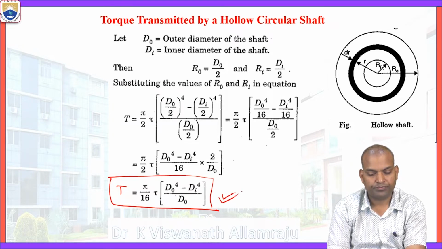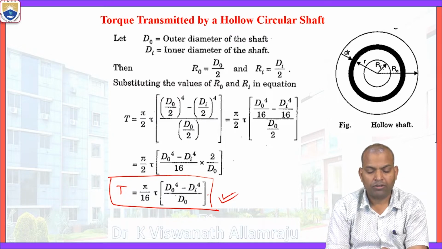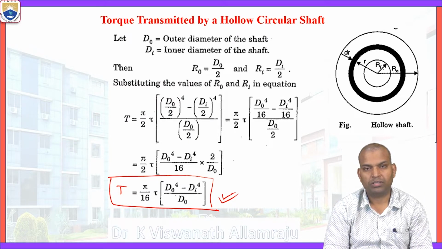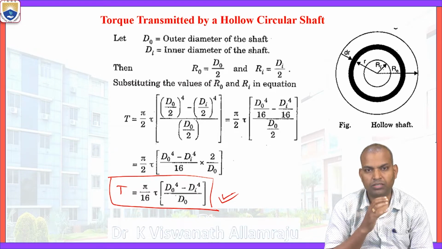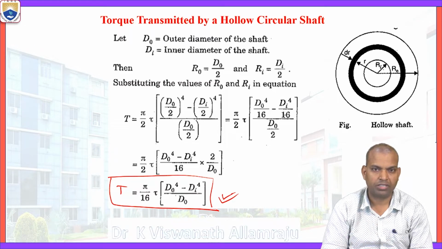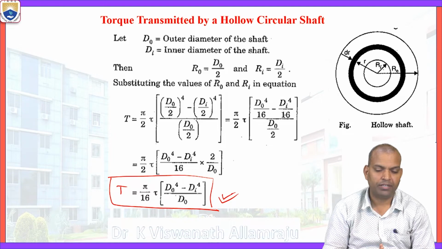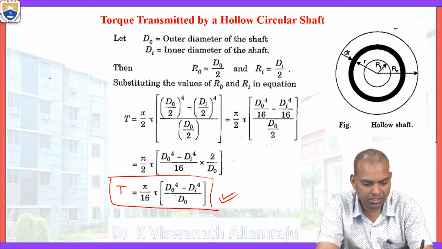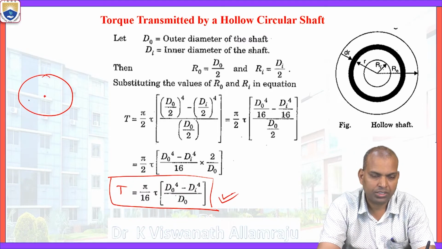The methodology is the same for the calculation of both solid and hollow circular shafts. What is the methodology here? We followed step 1: consider the circular shaft. Now what is step 2?